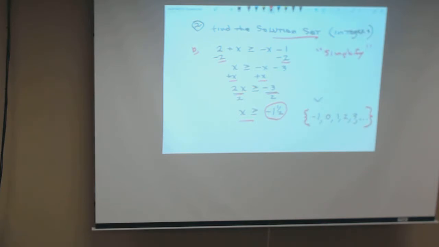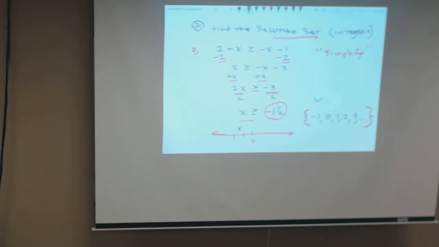And it says integers. So if x has to be on a number line, if x has to be greater, here's negative 1, here's negative 2. If it has to be greater than negative 1.5, well, that didn't work.